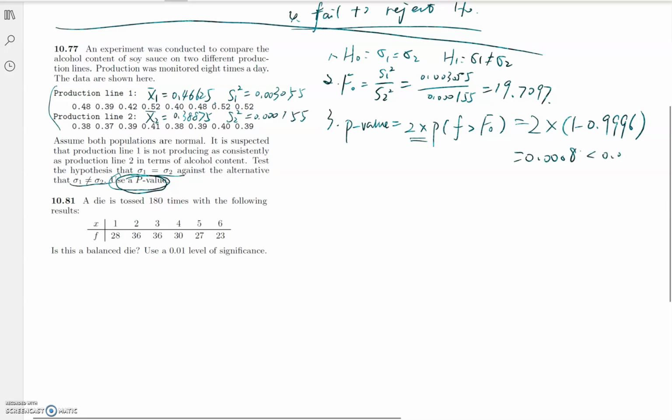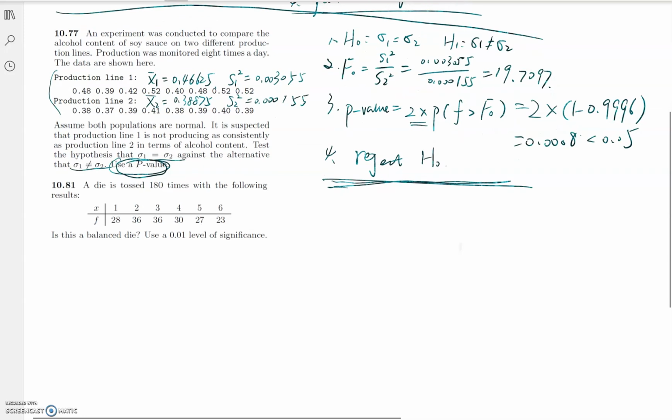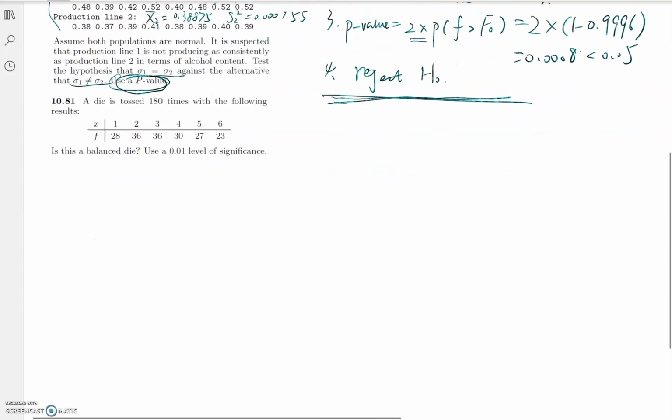This is less than 0.05, so we can conclude to reject the null hypothesis. So that's the way we compare two variances.